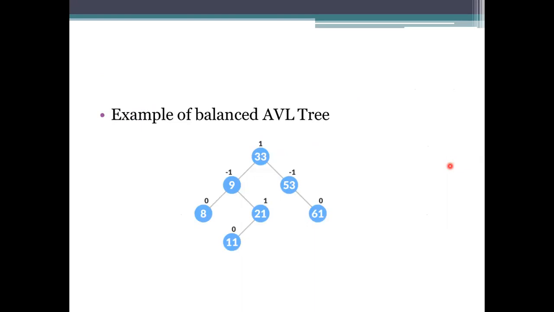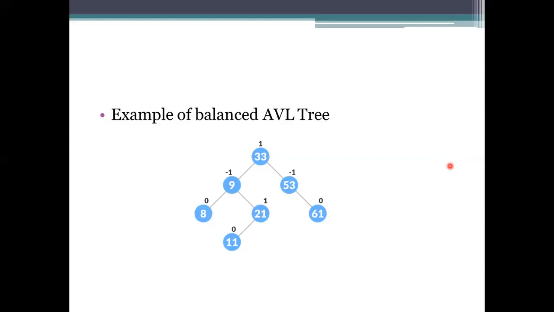What happens here is, we need to see whether the balance factor is within the allowed default range or not. The leaf nodes have a balance factor of 0, because a leaf node is not considered a parent node. It is a child node at the last level of that parent representation.